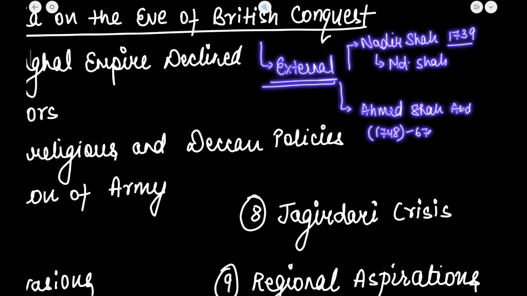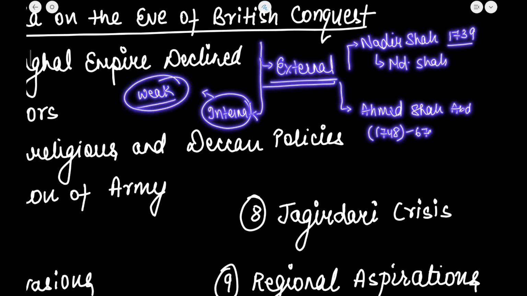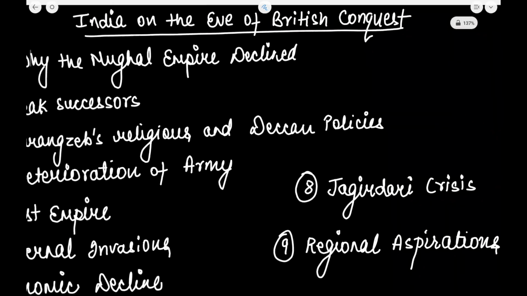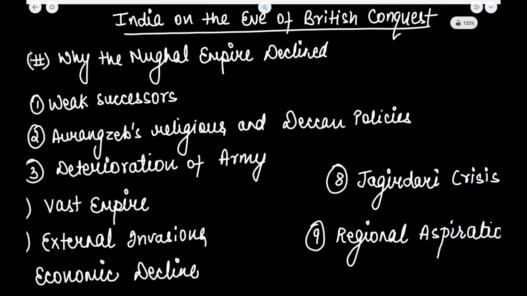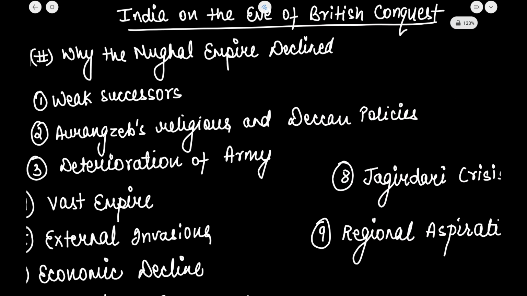Okay. Now on the other hand, if I talk about the internal outlook of India, internally there were weak Mughal rulers. Now these two, external and internal, were both important factors in the decline of the Mughal Empire.